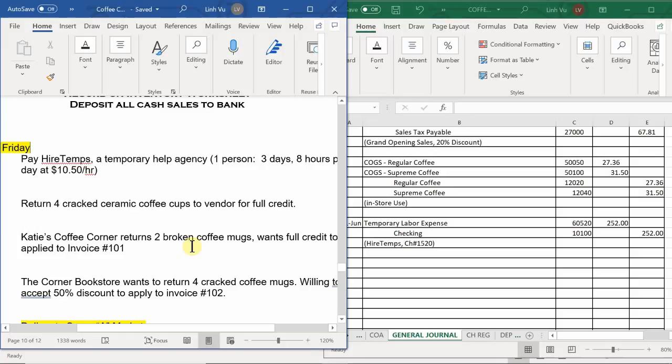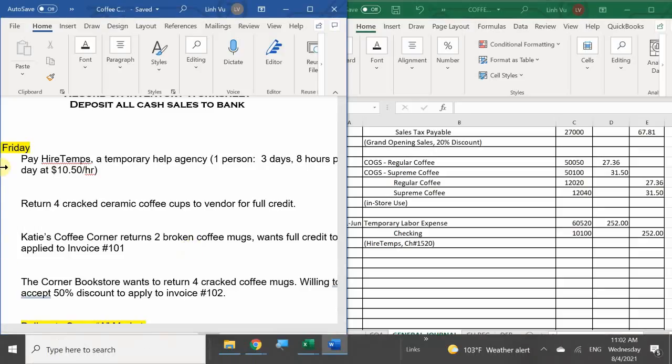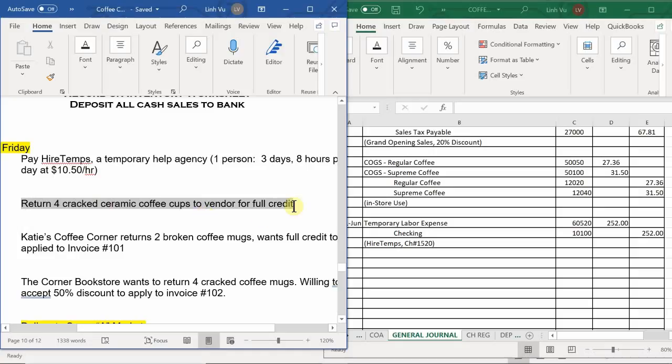All right. What happened here? We returned damaged merchandise to the vendor.